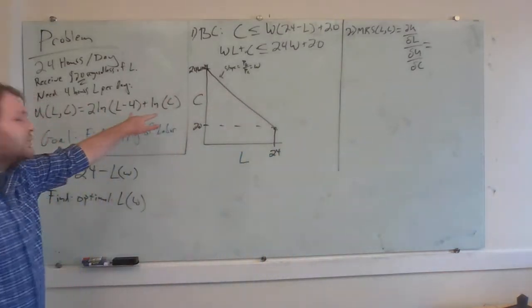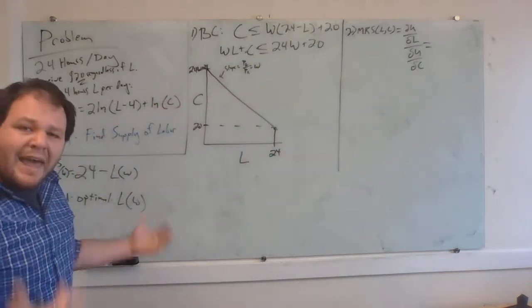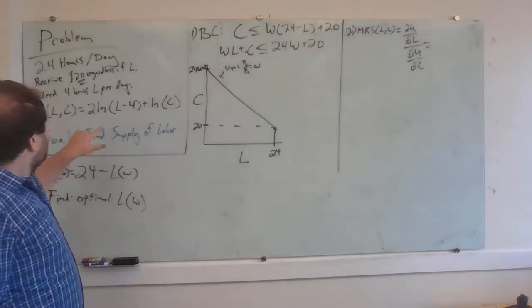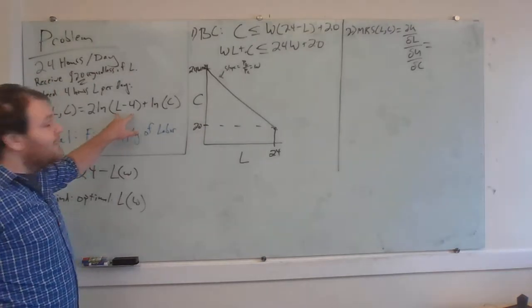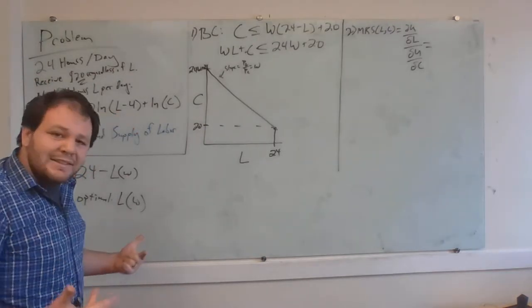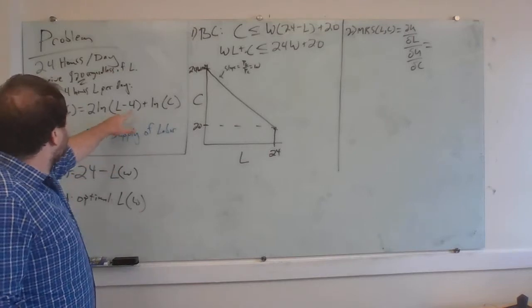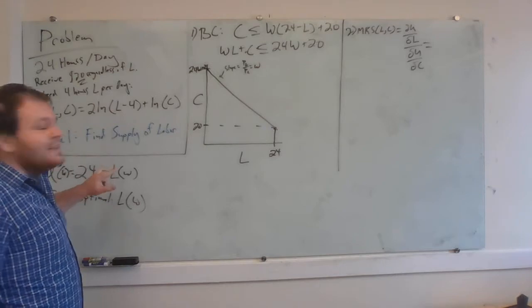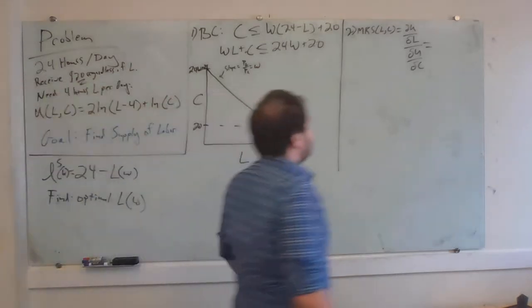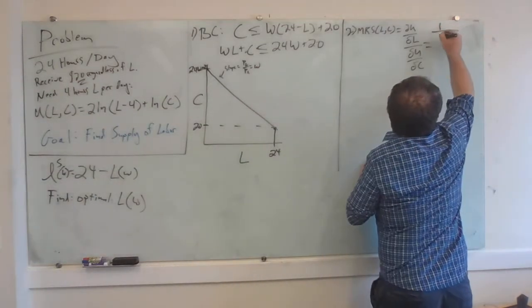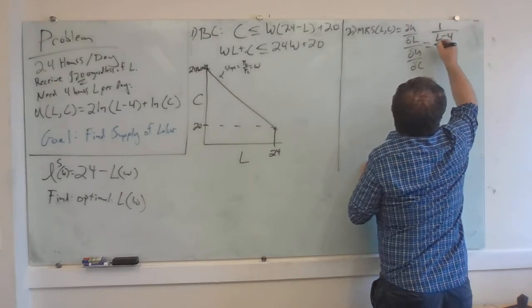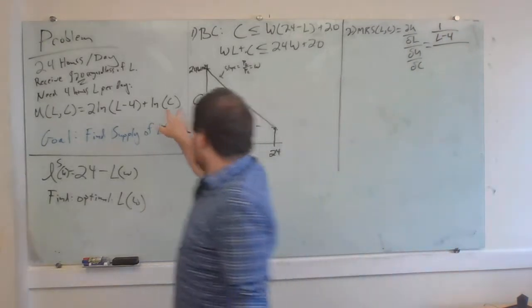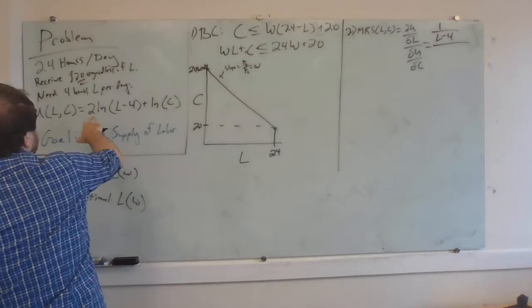If I take the partial derivative of this thing with respect to L, what am I going to get? Well, the derivative of a log function, if I had the ln of x, it would be 1 over x. Using the chain rule, the derivative of ln of L minus 4 is going to be 1 over L minus 4. Oh, I'm sorry, times 2, right?